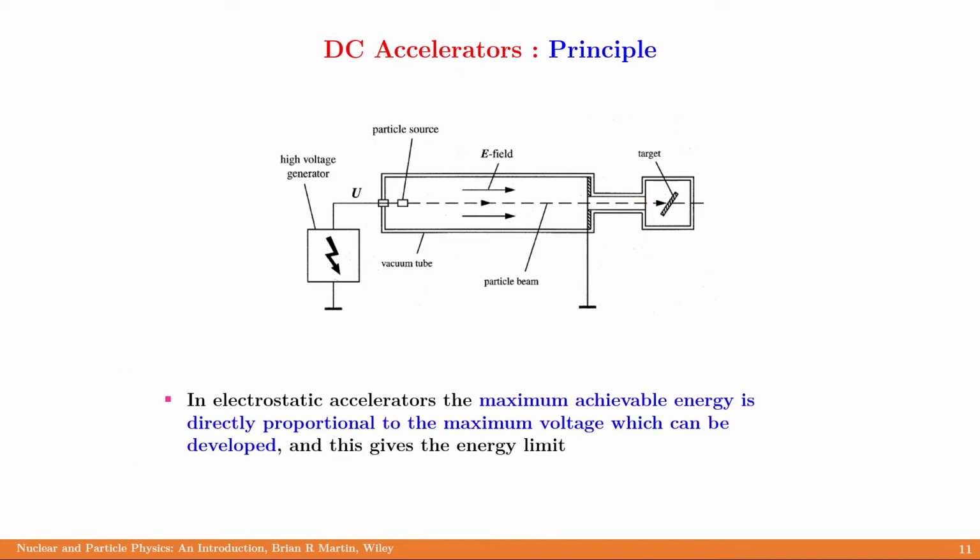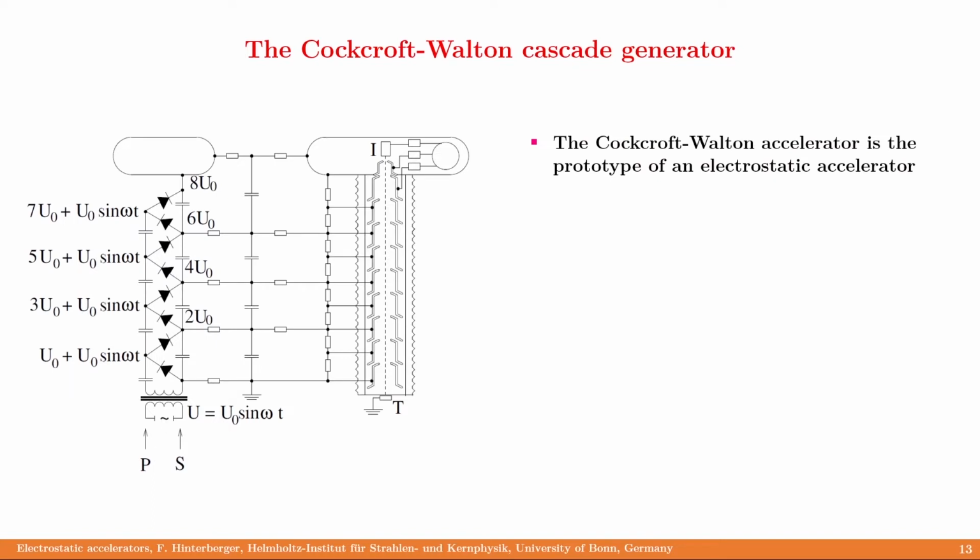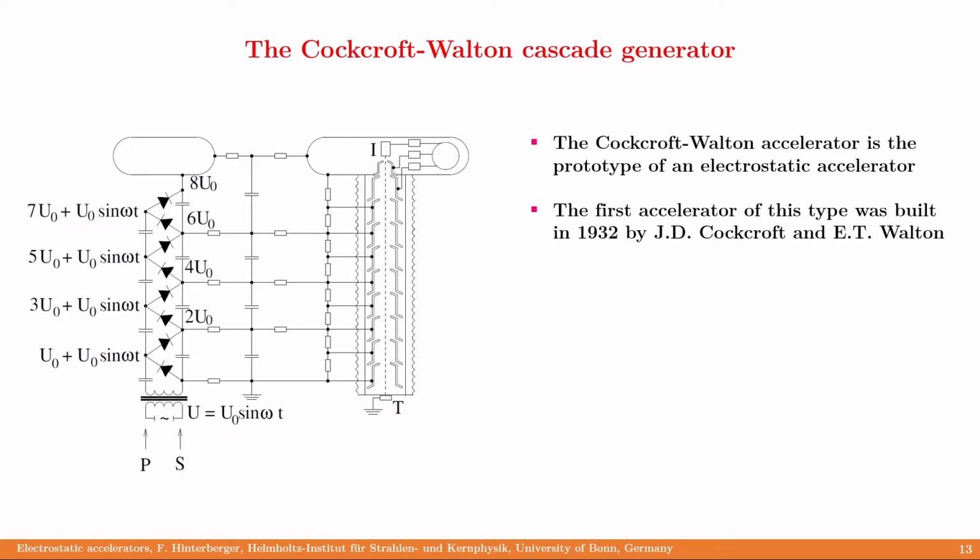In electrostatic accelerators, the maximum achievable energy is directly proportional to the maximum voltage which can be developed, and this gives the energy limit. The Cockcroft-Walton cascade generator. The Cockcroft-Walton accelerator is the prototype of an electrostatic accelerator.